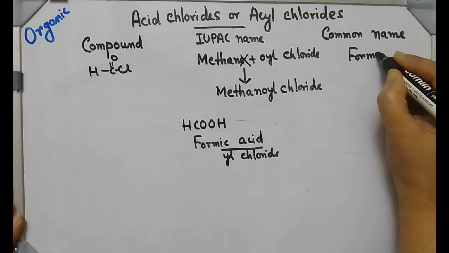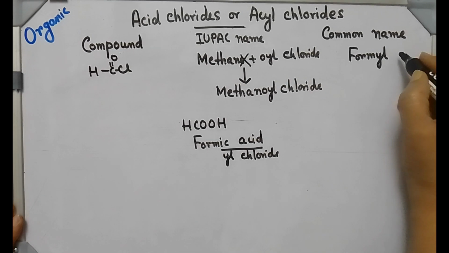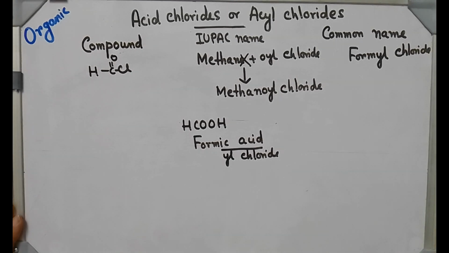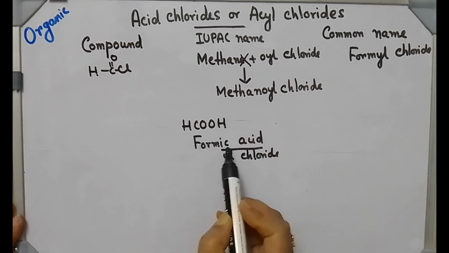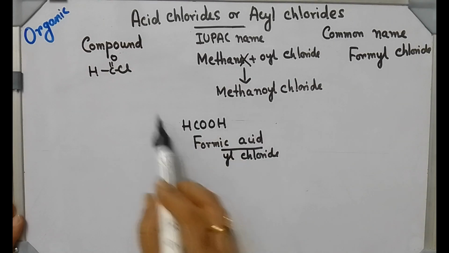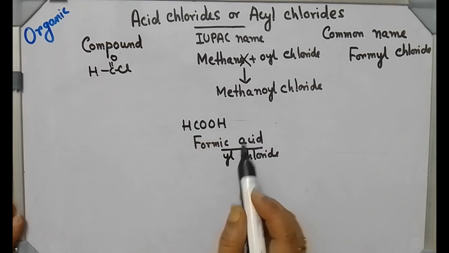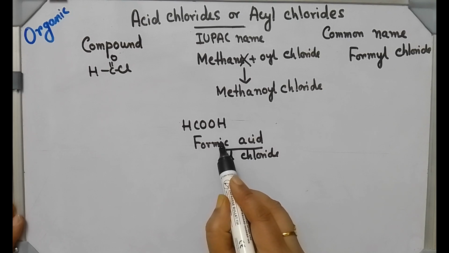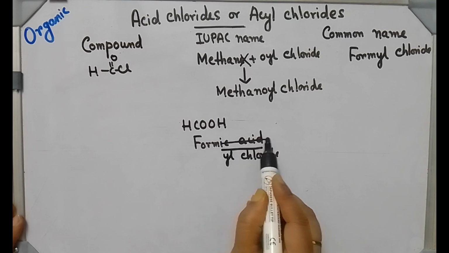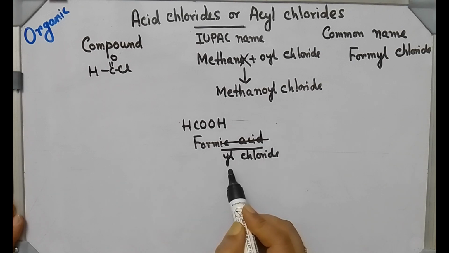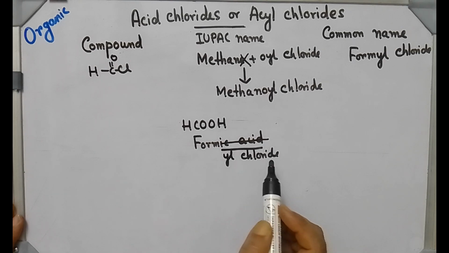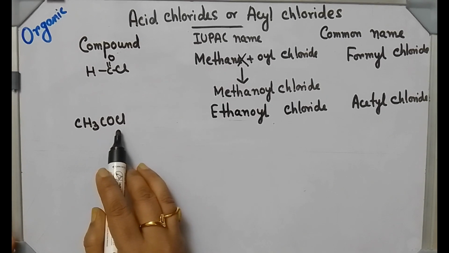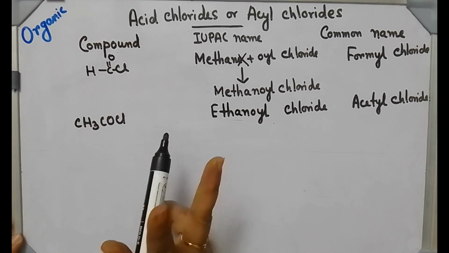In place of that, YL we are adding. So formyl chloride. Is it clear? So if HCOOH, it's formic acid. For HCOCl, means for acid chloride, what we have to do? Just you have to remove this IC acid. In place of that, you have to add yl chloride. So formyl chloride.